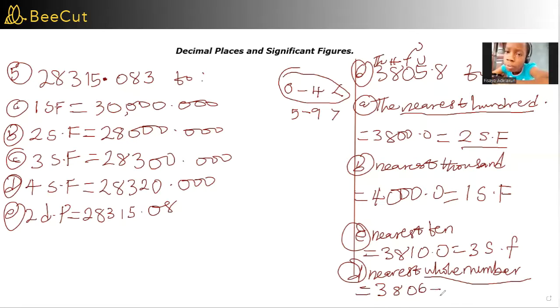And this one also means 4 significant figures based on this number. For other numbers it might change, but based on this particular one. So is it clear to you now? Yes, sir.